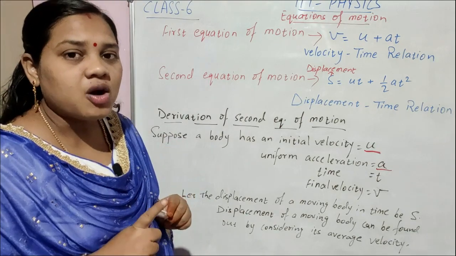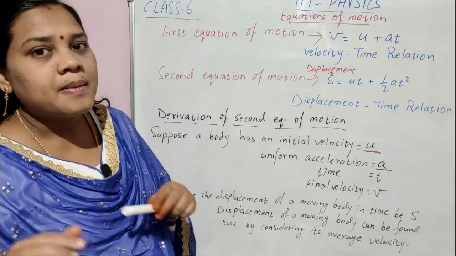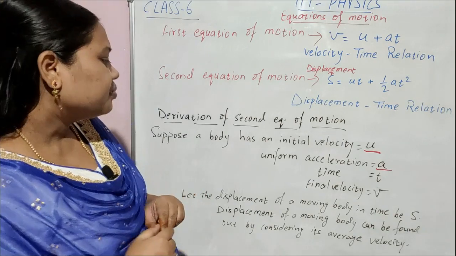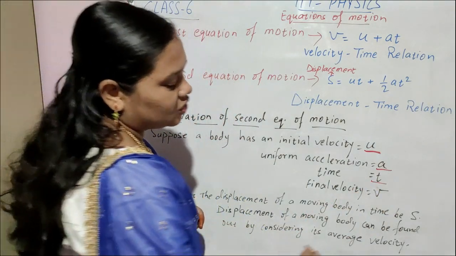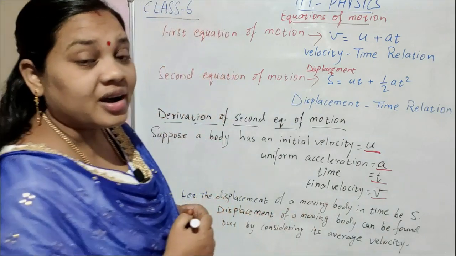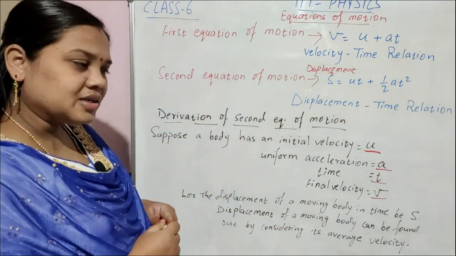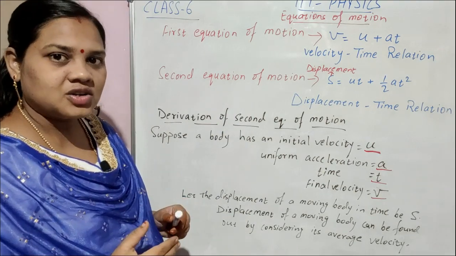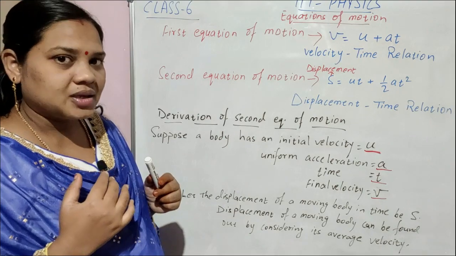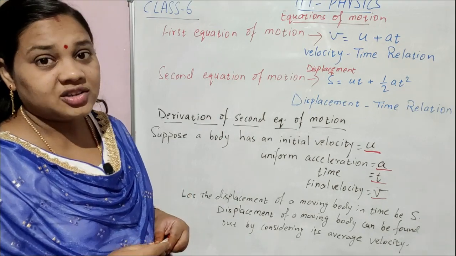If it is uniform retardation, then A will be changed to minus A. Clear? Next, time is T and the final velocity of the body is V. These terms are very clear. The body has initial velocity U, uniform acceleration A, then time T and final velocity V.